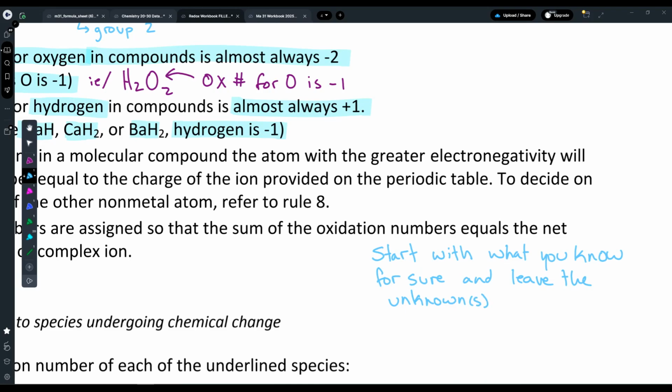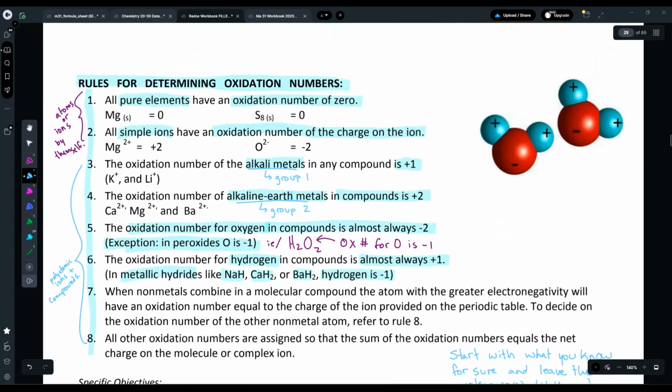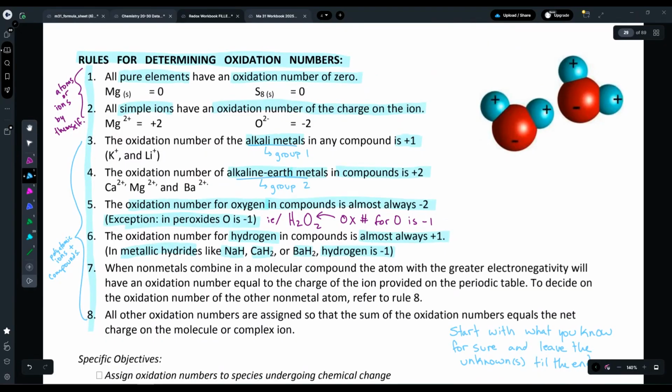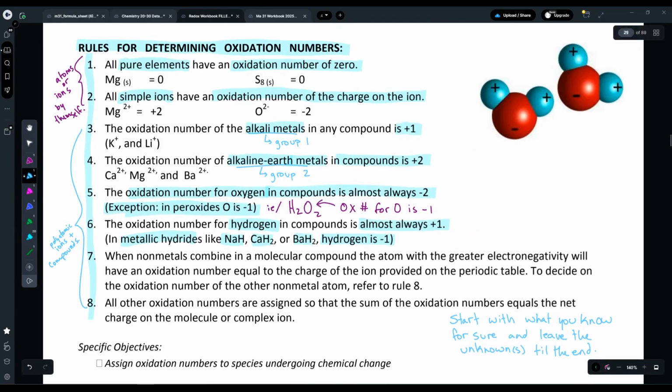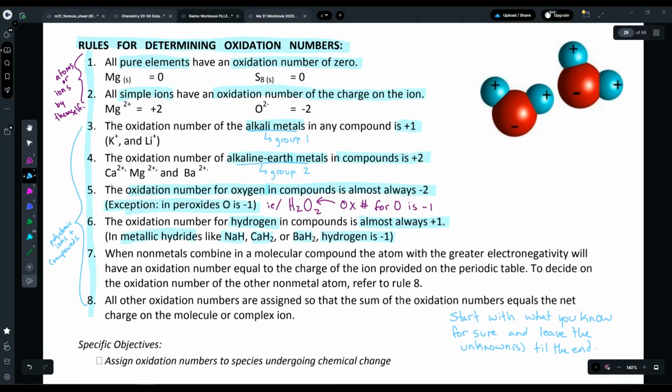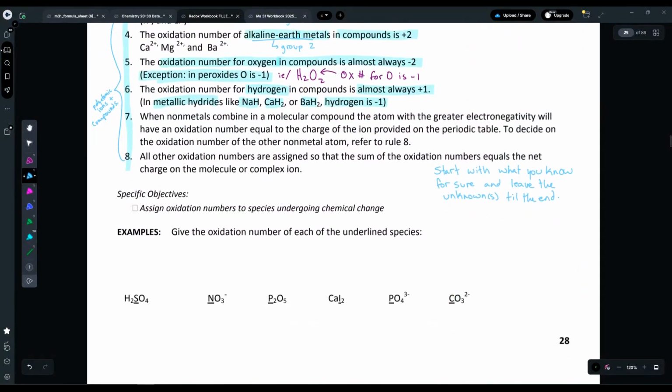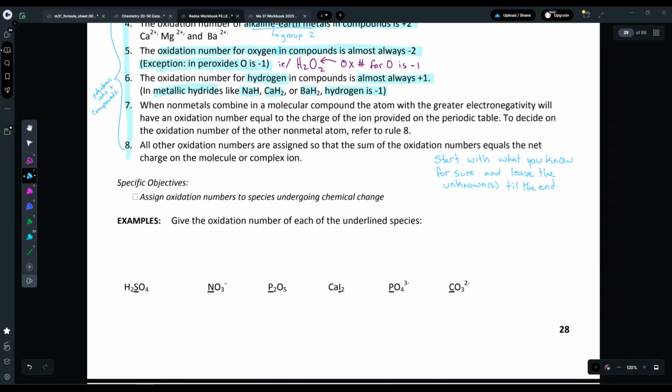Usually there's only one unknown. What you know for sure is going to be rules 1 through 6. Always start with those. So your pure elements, your simple ions, your alkali metals, alkaline earth metals, oxygen and hydrogen, always start with those. Okay, so let's get into some examples here.